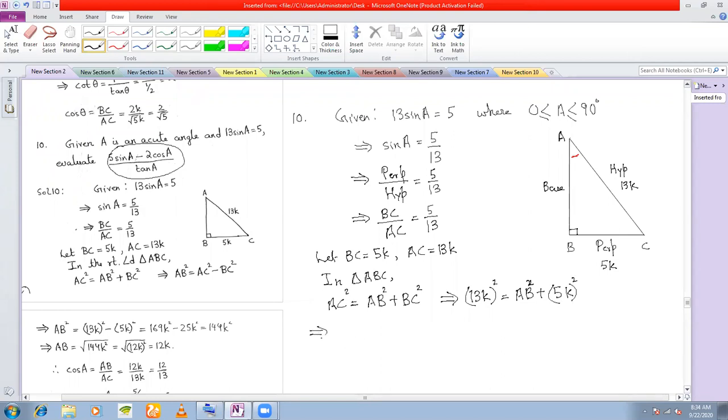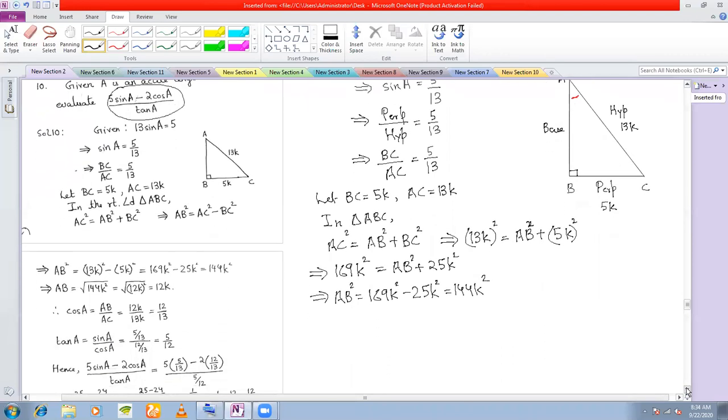That means we have 13K whole square, which is 169K square, equal to AB square plus 25K square. That means AB square is 169K square minus 25K square, which is 144K square.